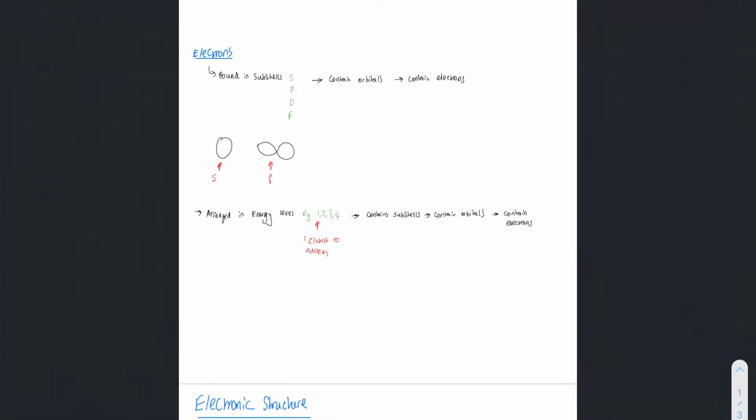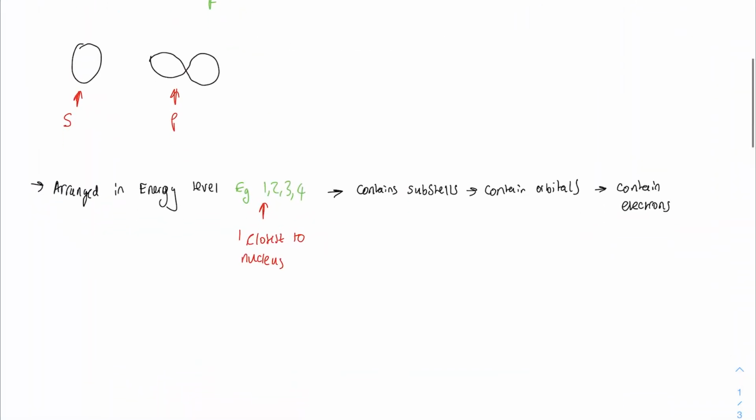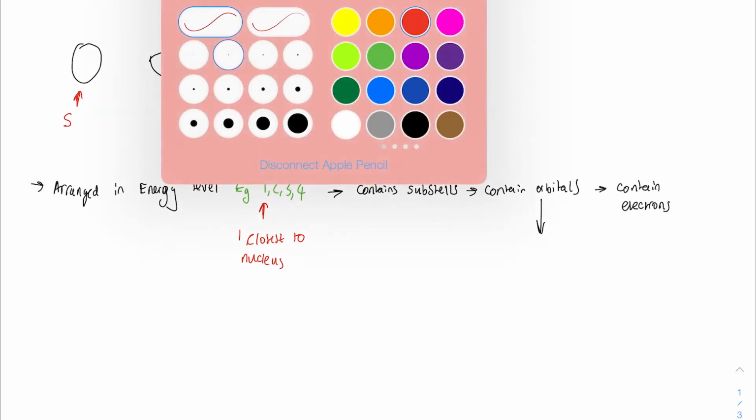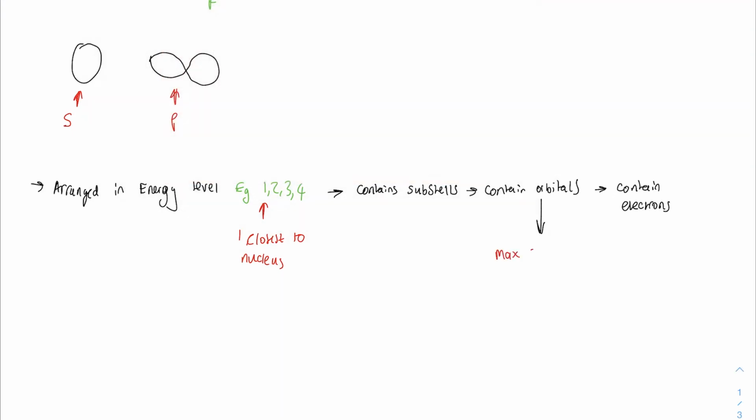Expanding on this topic of orbitals, any orbital can hold a maximum of 2 electrons. However, each subshell has differing amounts of orbitals.